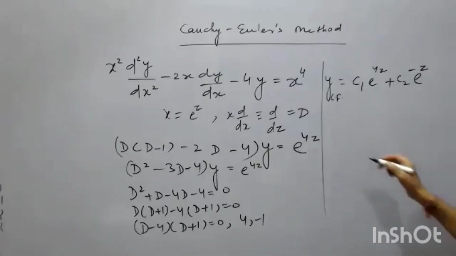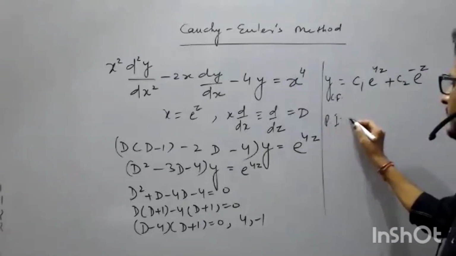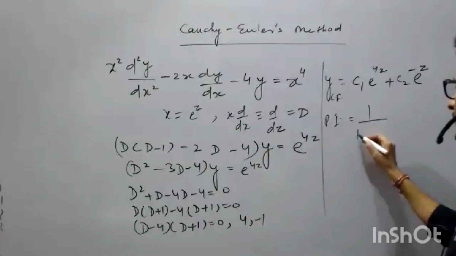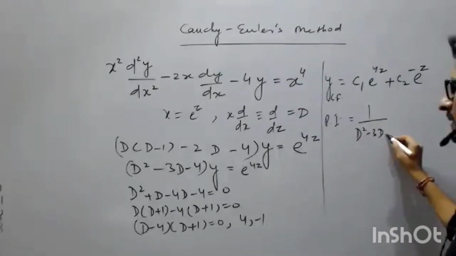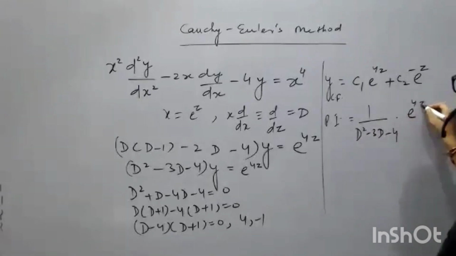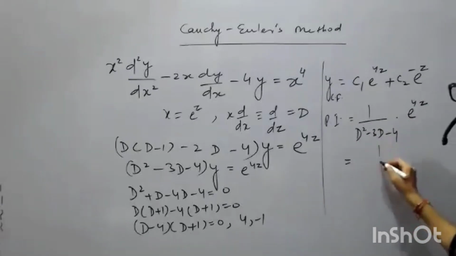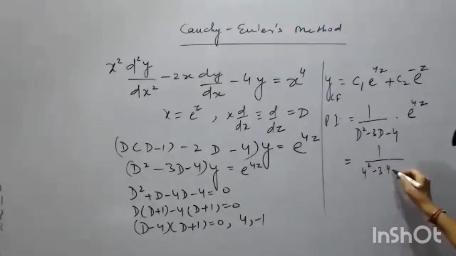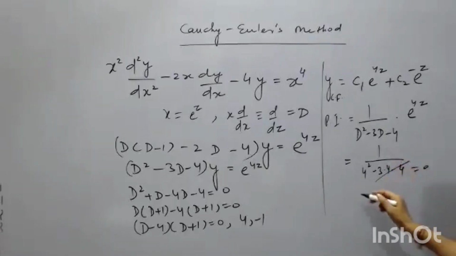And what about the particular integral? That will be 1 upon d square minus 3d minus 4 into e to the power 4z. So it will become 1 upon 4 square minus 3 into 4 minus 4, which is 0. Which is becoming 0, so I will apply my formula.